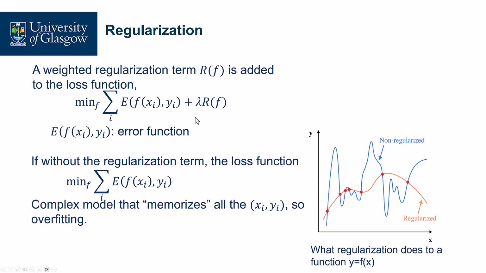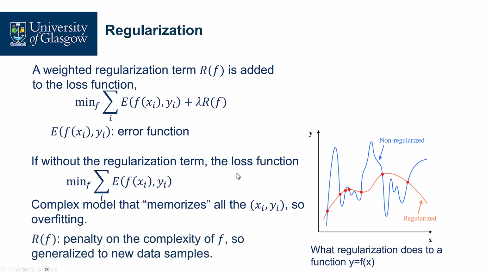When we add the regularization term, we want to penalize the complexity of the model. The more complex, the larger this term, so the total function becomes larger. By penalizing the complexity of the model, it can generalize to new data samples. Also this weight lambda is important.